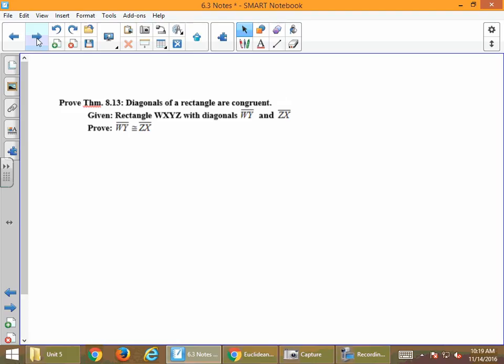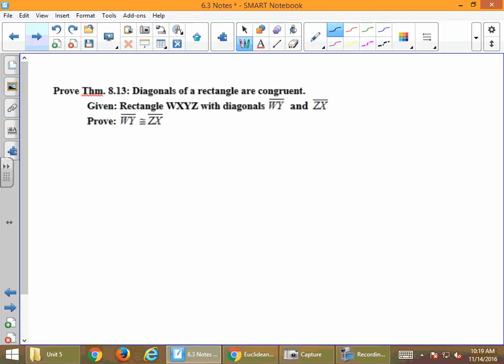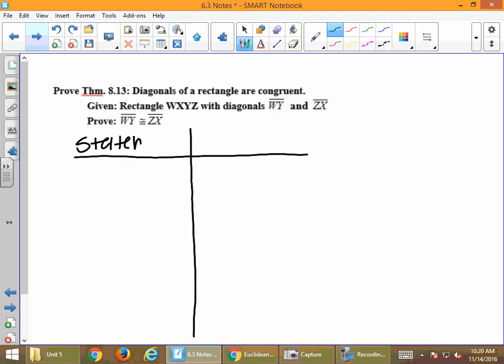Again, these proofs are just like those triangle proofs we talked about in Unit 2. So go ahead and make your 2 columns. You have your statements and your reasons. What's our first reason every single time?